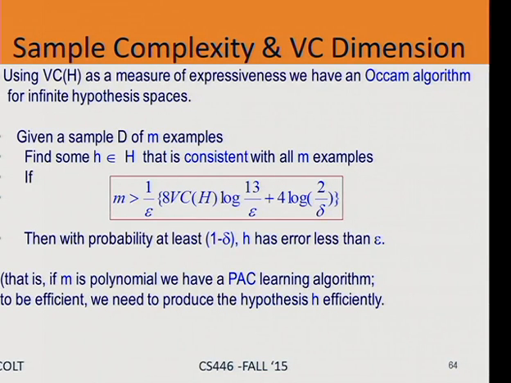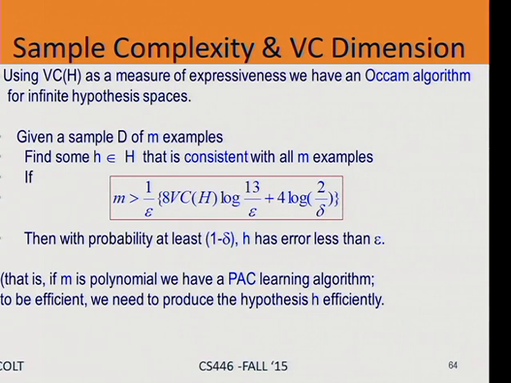Exactly the same theorem that we had before, only now it applies for infinite hypothesis spaces with polynomial size VC dimension. Because we want M to be polynomial. So if M is polynomial, we have PAC learning algorithms. Of course, given that we know how to find the hypothesis efficiently, it's efficiently PAC learned.